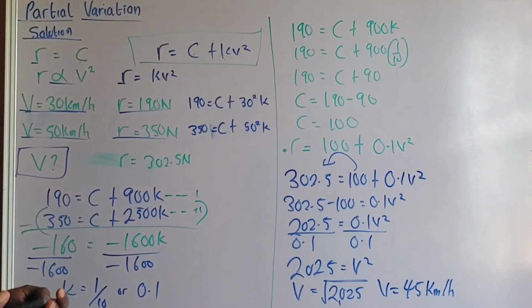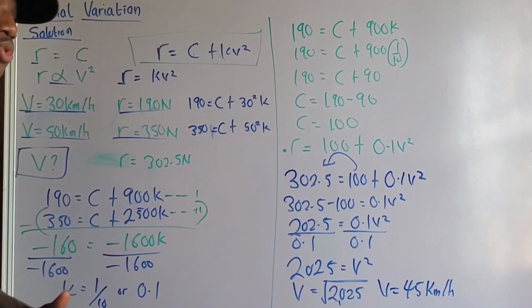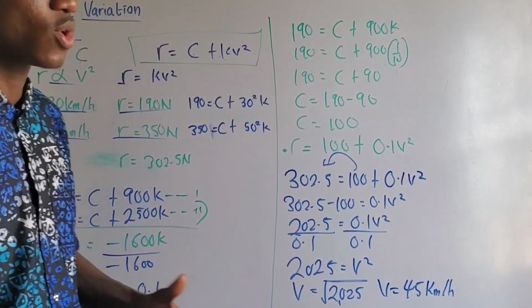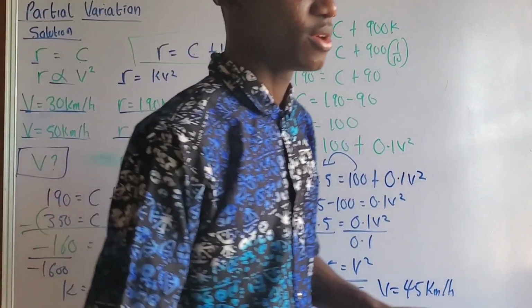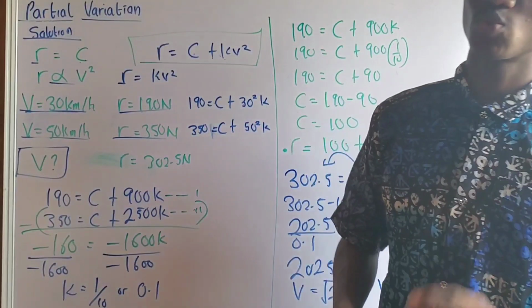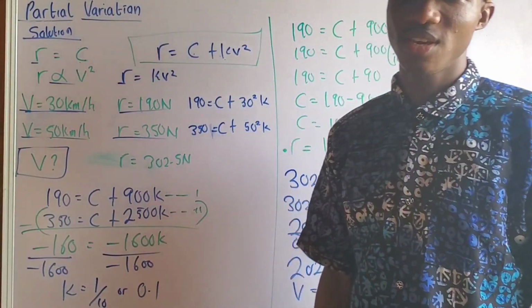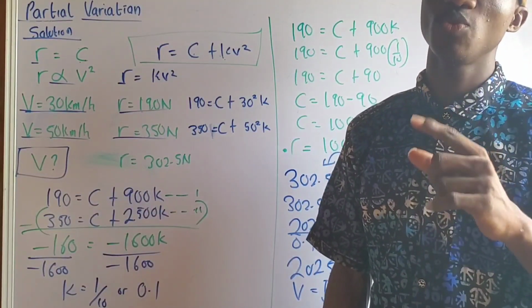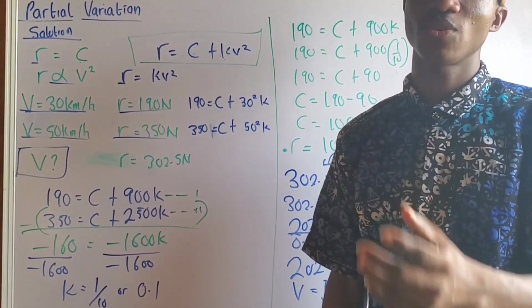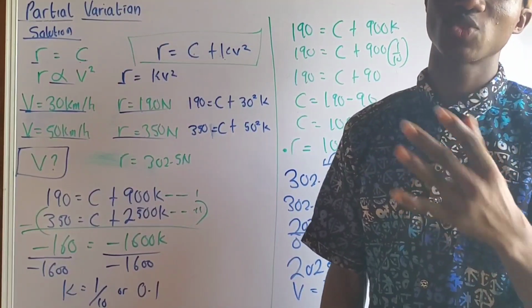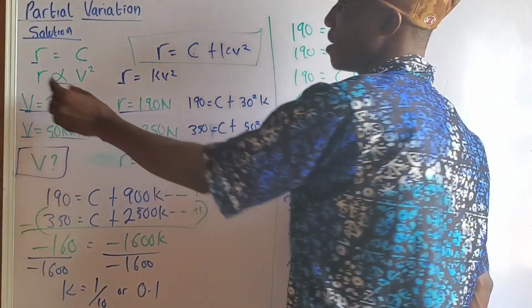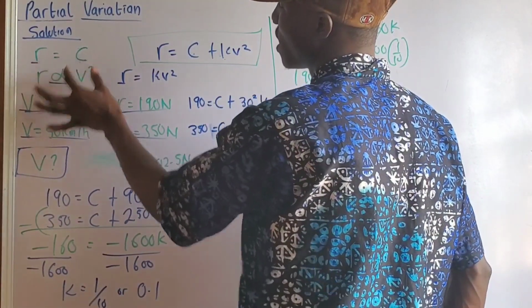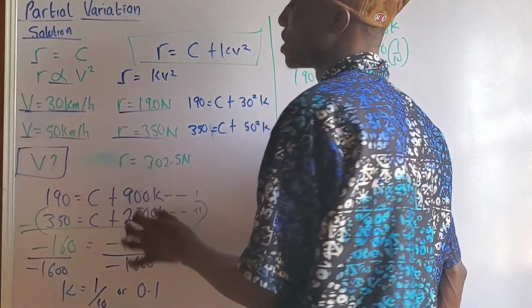Now let me give you the steps in solving partial variation questions. Almost all partial variation questions, it depends on the question, but they lead to a simultaneous equation. Are you getting it? Because when you are dealing with partial variation, you are going to have a single variable, part of which is constant and part of which varies with respect to another variable. Just like we have here, part of the resistance is constant and a part varies with respect to the speed.